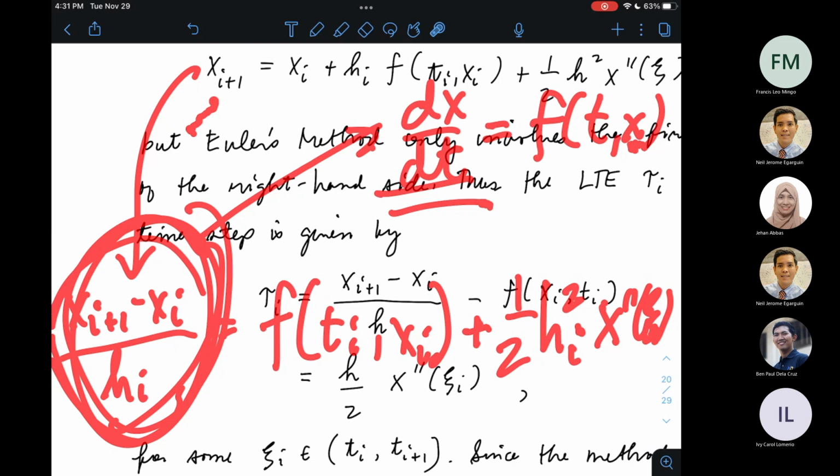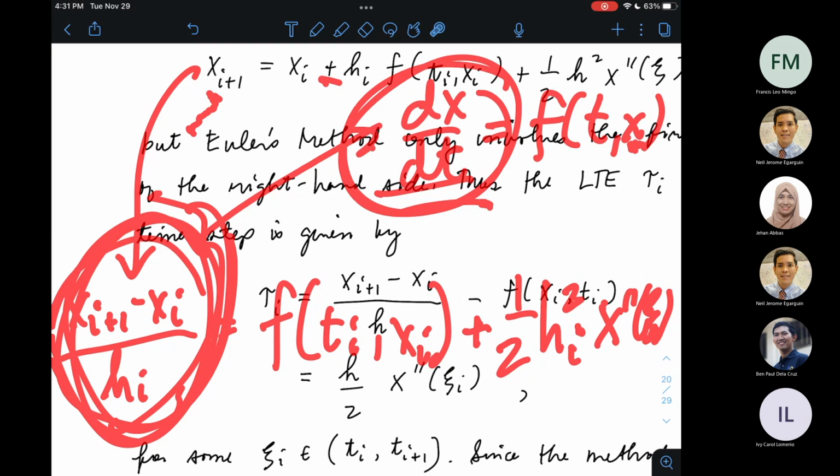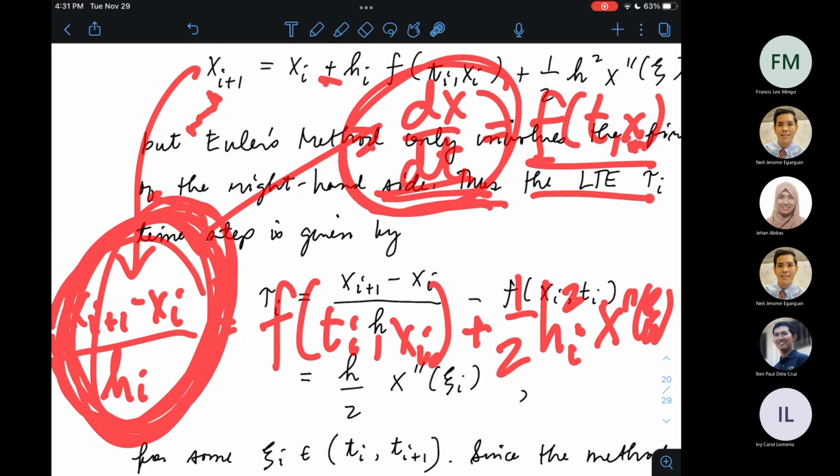All right, thank you. So yeah, we're replacing the derivative by this divided difference, and the derivative from the problem itself is equal to f of t comma x. So when you evaluate the derivative at t sub i comma x sub i, dapat magmamatch yung dalawa.